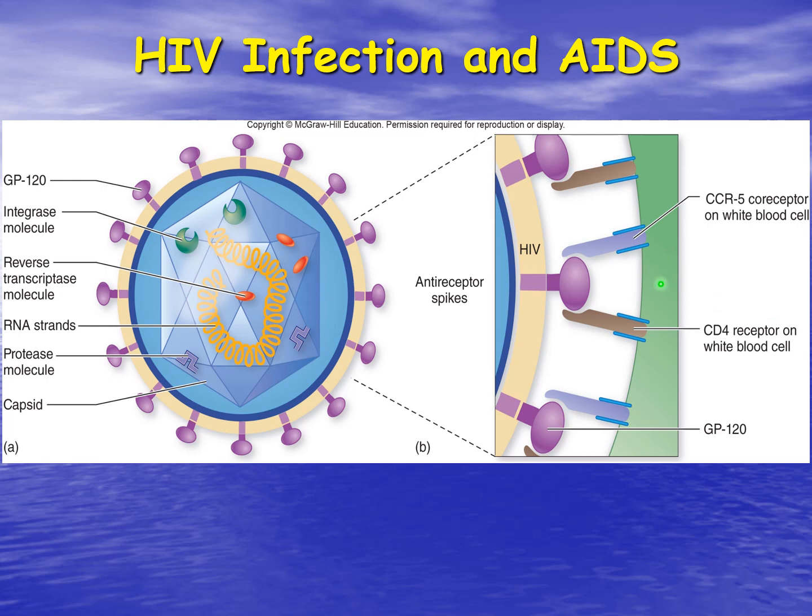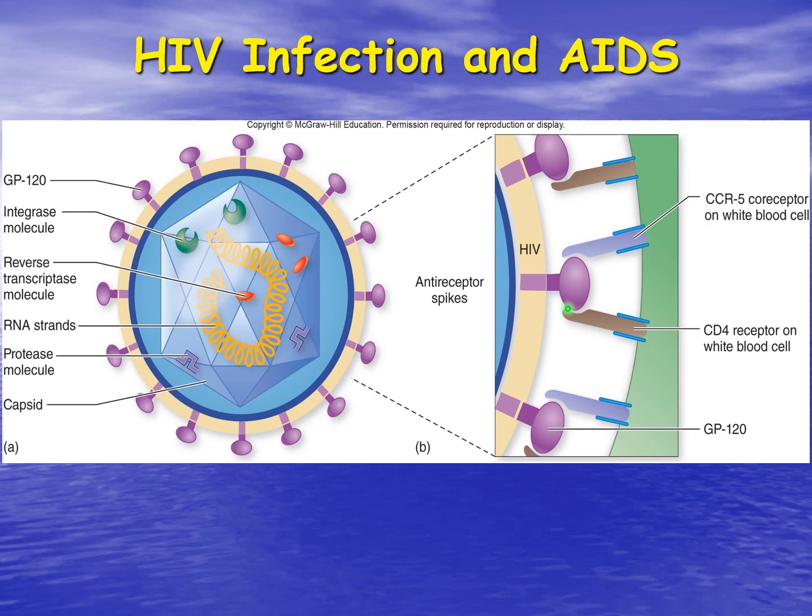HIV has been studied extensively, and we know that there are a number of envelope proteins that are necessary for attachment to the T helper cell. One of these is the GP120 protein.